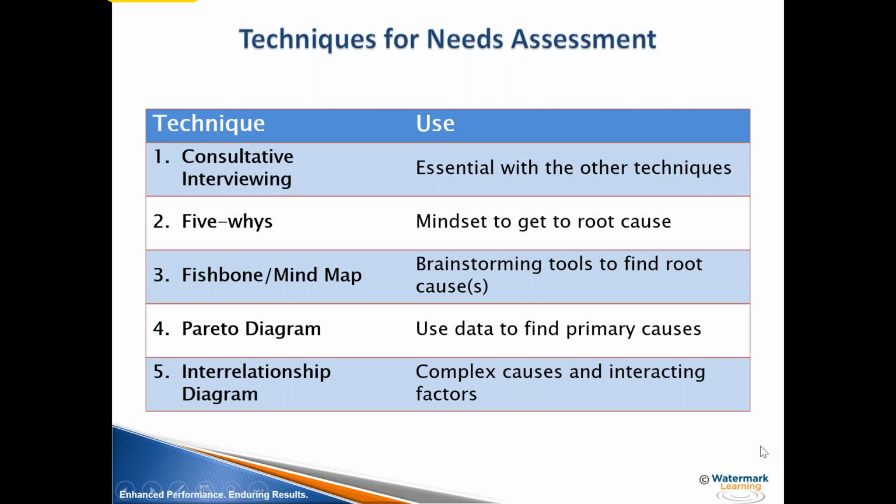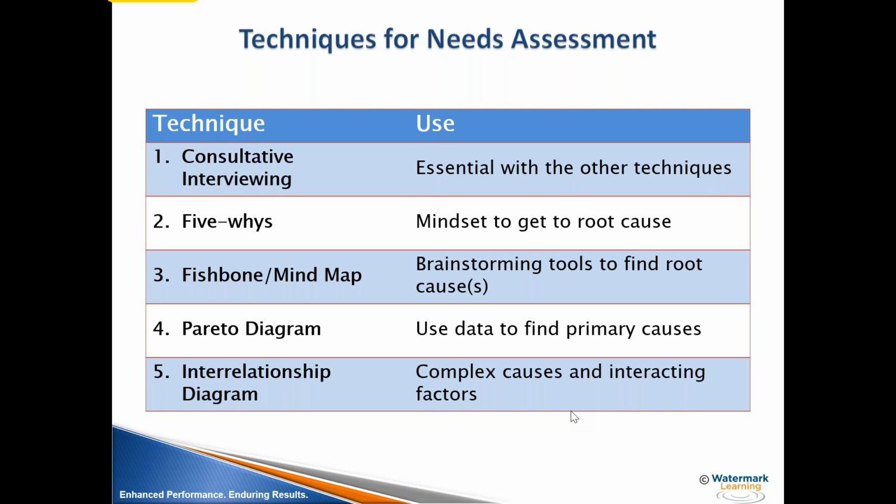They're used for different purposes. Interviewing is obviously one of the most common, if not the most common technique, but I'm going to talk about consultative interviewing to understand needs, especially with other techniques, such as the 5 whys. It's more of a mindset than a technique, although it's listed as a technique in the bodies of knowledge, but it helps us get to the root cause, as does a fishbone or a mind map. And those are brainstorming tools to help us get to root cause.